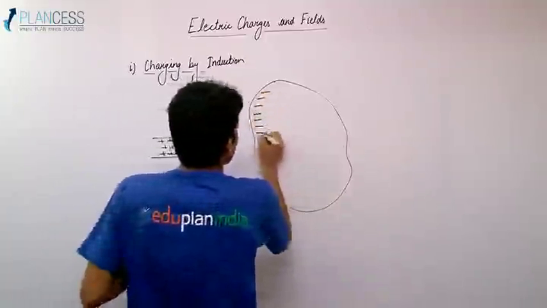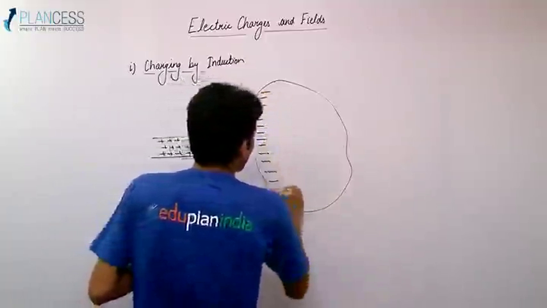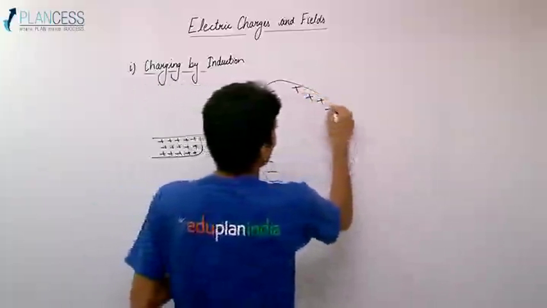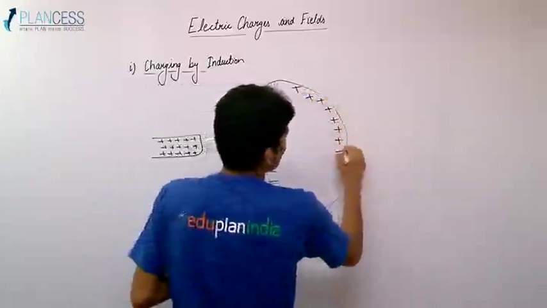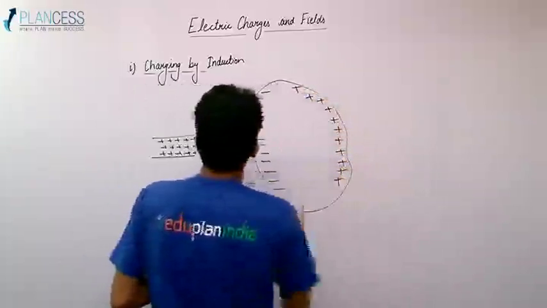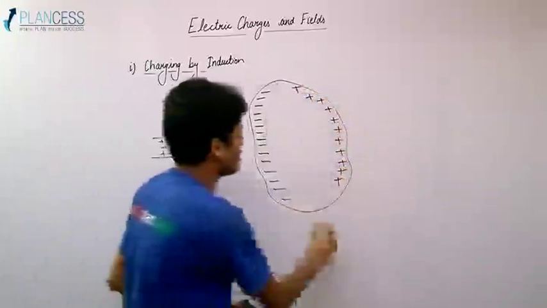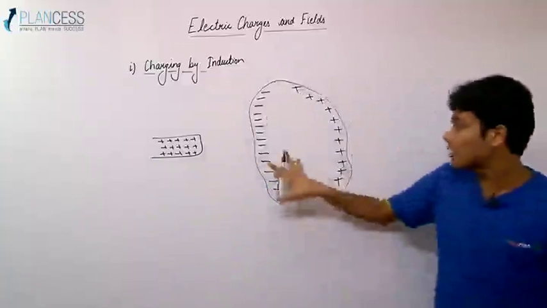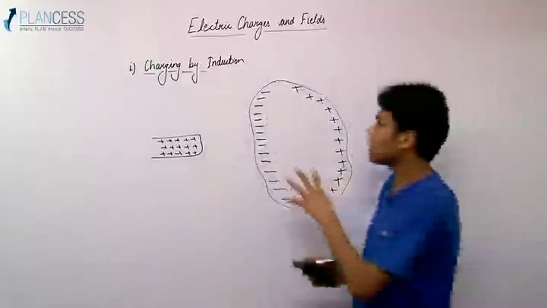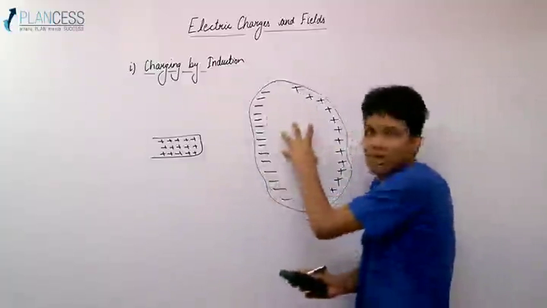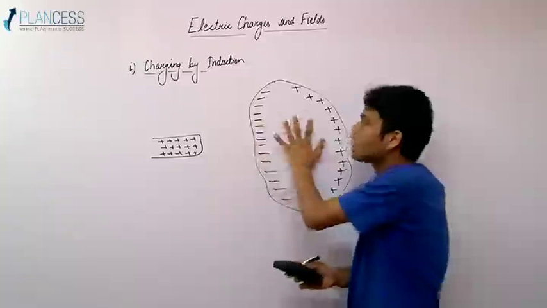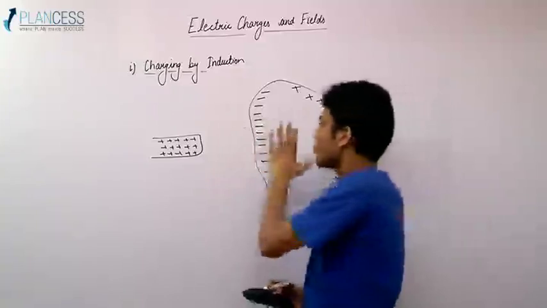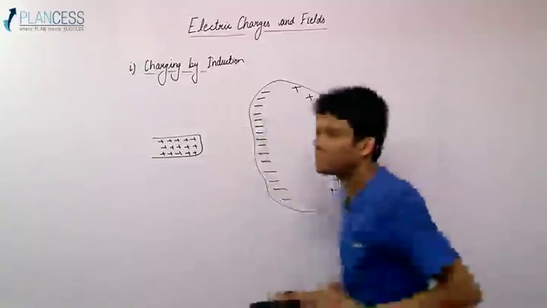All the negative charge will come to this end because it is attracted by this positive charge, and all the positive charge will go to the far end because it is repelled by those positive charges. So this may be the situation of this conductor. But the point to be noted is that it is not possible that all of the negative charge moves here and all of the positive charge moves there. It is just some of the positive charges move here and some of the negative charges move there.